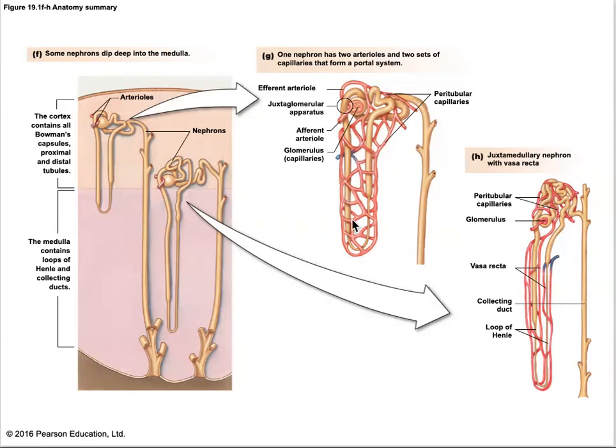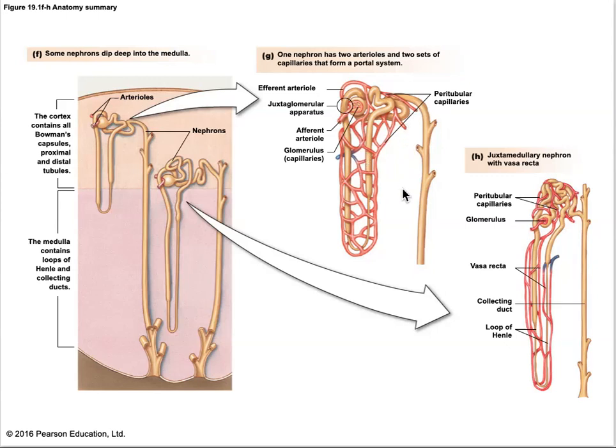As you can see in this image, each nephron is associated with two arterioles, as well as two sets of capillaries that form a portal system. Recall that a portal system consists of two capillary beds lying in series.